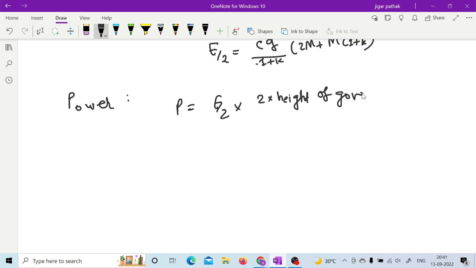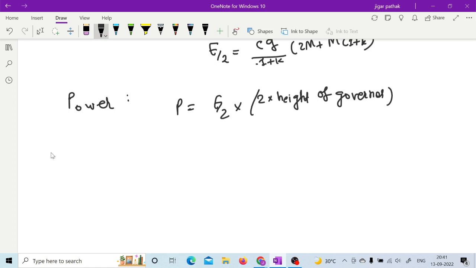So this is how your power of governor is given, effort e by 2 into change in height of governor. So this is the effort of a governor and power of a governor, right?